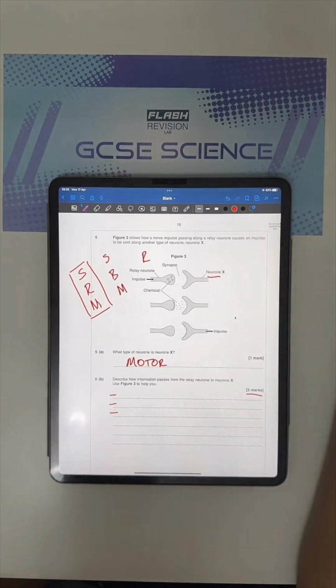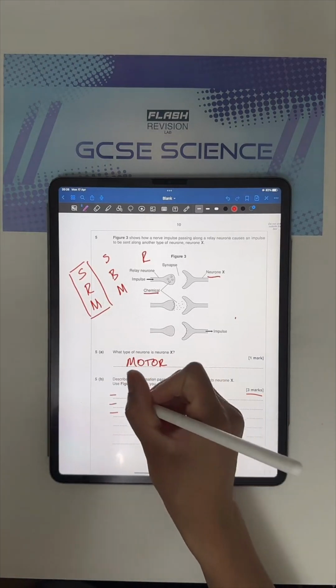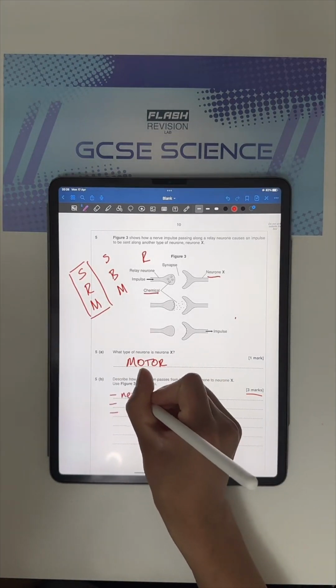What did we say? We've got clues here as well. Any keywords you guys can think of? Okay, so we got diffusion through a gap being a chemical. Yes, good. Anyone remember the name of that chemical? Daniela, yeah, good. Neurotransmitter diffuses across the synapse. Good, good. People are remembering. So we've got the neurotransmitter chemical.